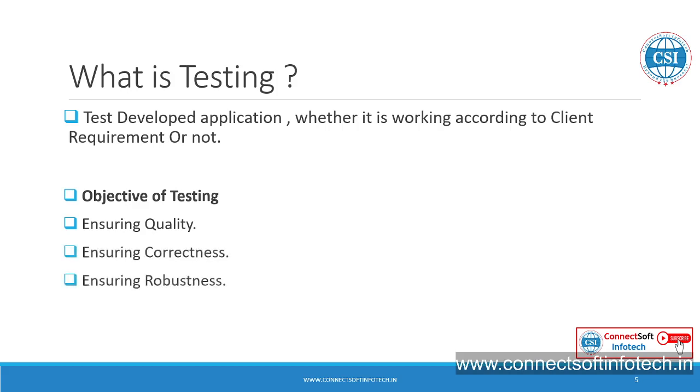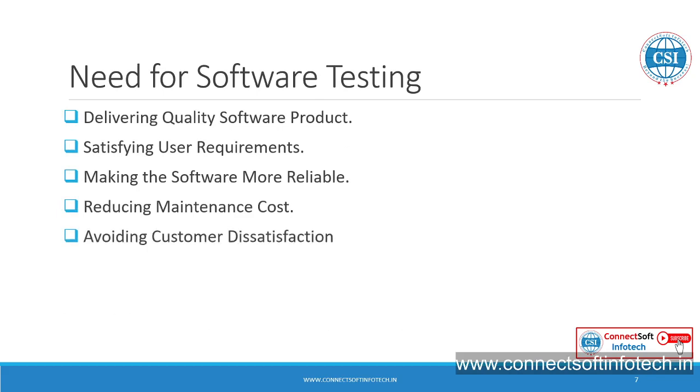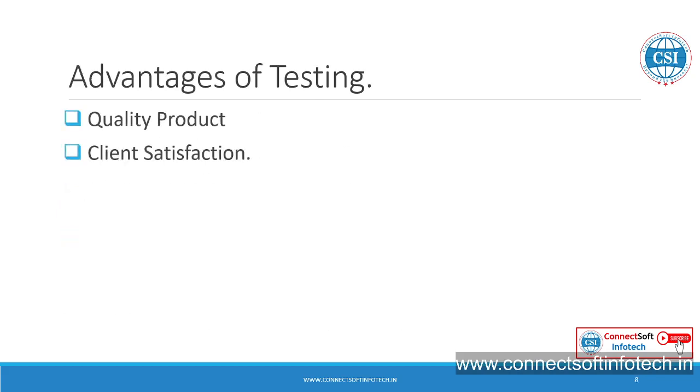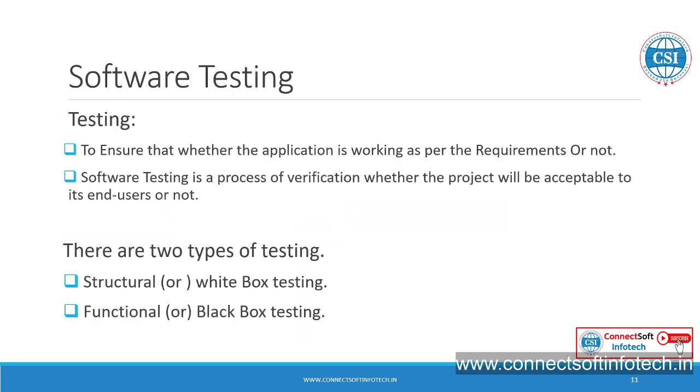White box testing is generally known as structural testing, and black box testing is functional testing, which is not about structure. Every programming language has a structure, so white box testing is generally done by the developer, because the developer writes the code and tests whether it is correct and gives the expected output before sending it to the QA team. This is known as white box testing.